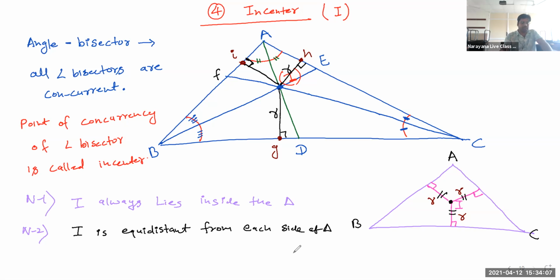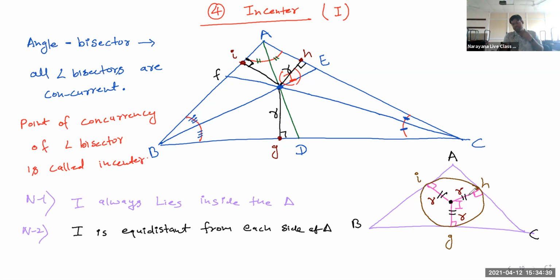So if you draw a circle, then that circle will pass through the points G, H, I. So you can draw a circle inside a triangle.